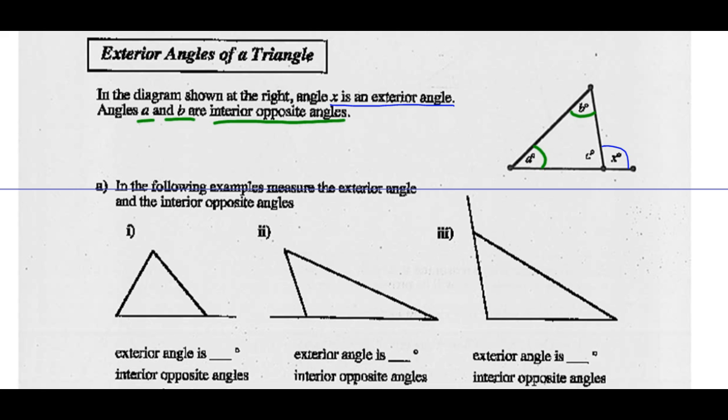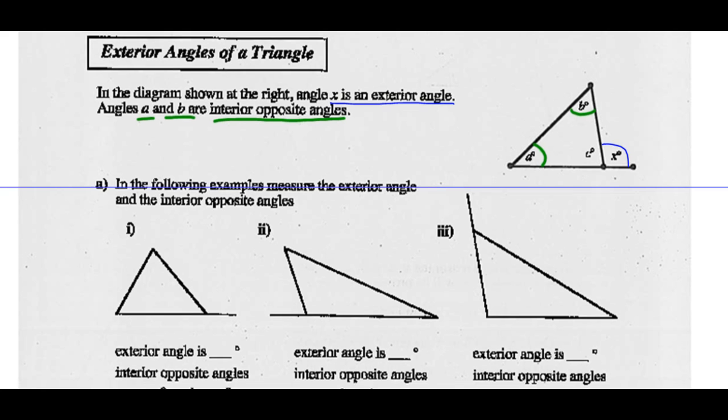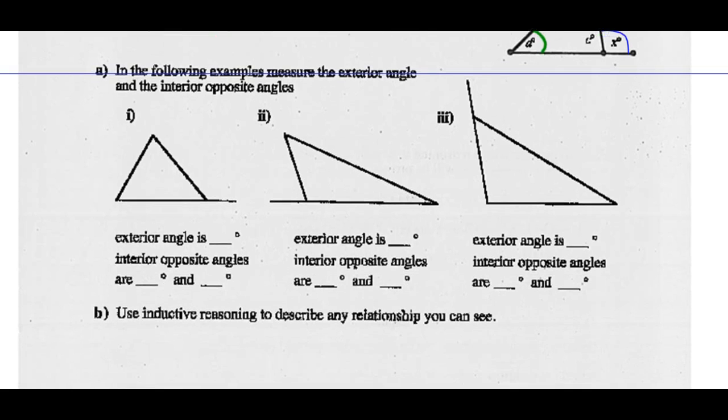In the following examples, measure the exterior angle and the interior angles. So go ahead with your protractor and measure these angles and see what you come up with. They want you to measure this exterior angle and these two interior angles. All right, they're called the interior opposite angles.